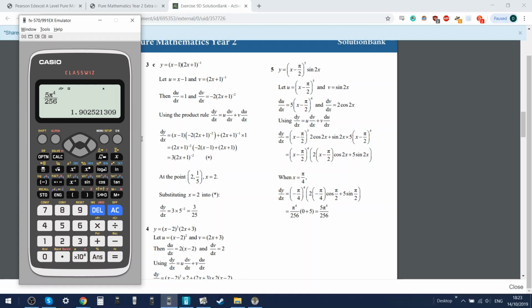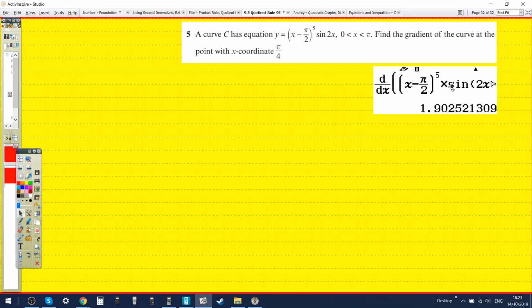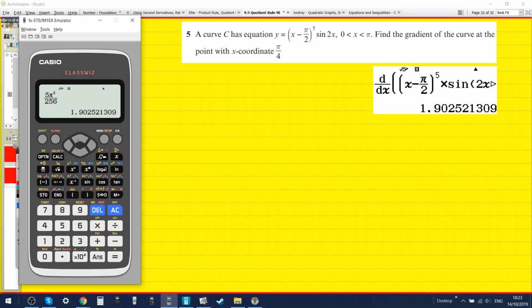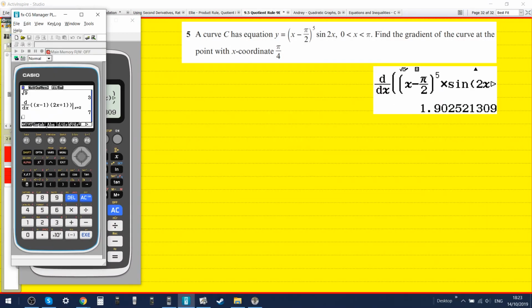Yeah, 1.902. So maybe try putting a times sign between that and sine 2x. So I'll try getting rid of my times sign and see what happens. So I get the same thing. Did you close the bracket for sine 2x?